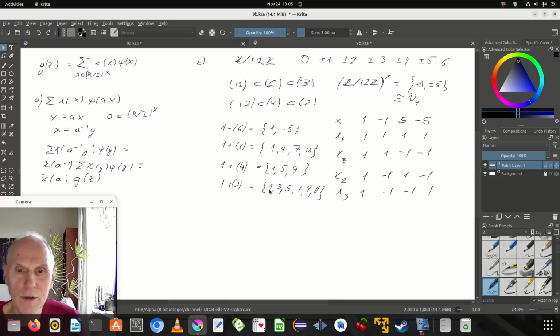This contains the 4 elements of the multiplicative group. So these 3 are non-trivial. This one is 1, 5. So this one is not primitive.